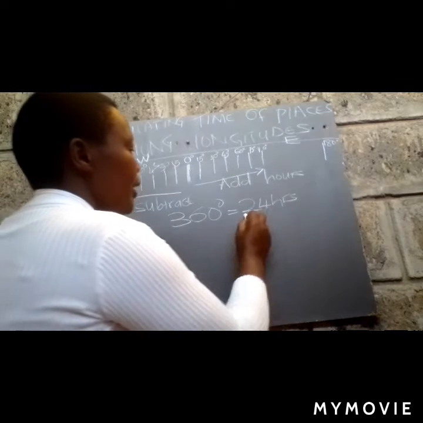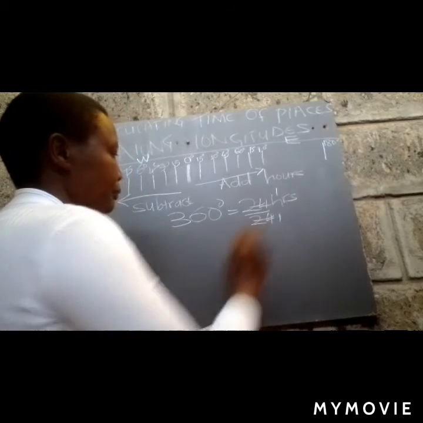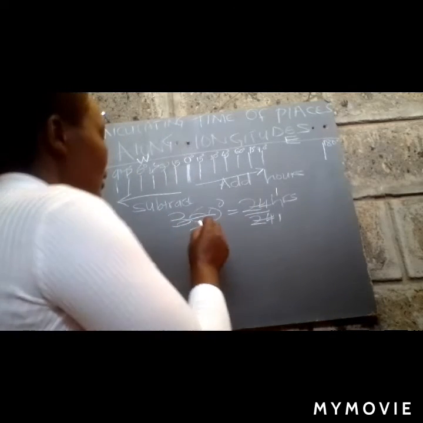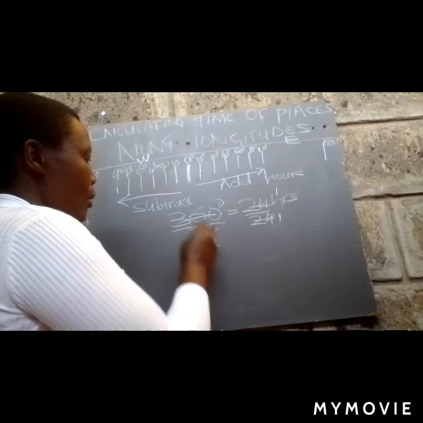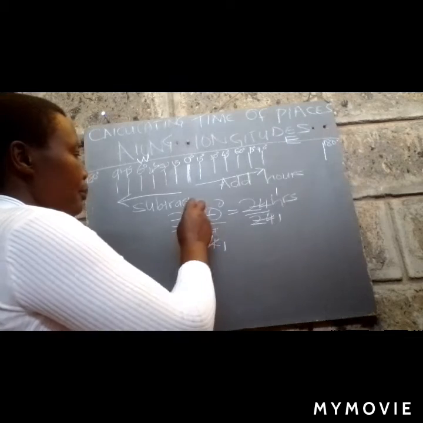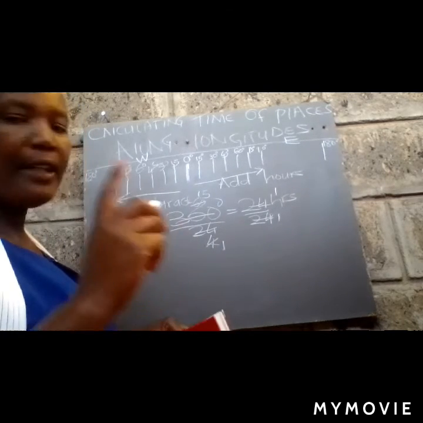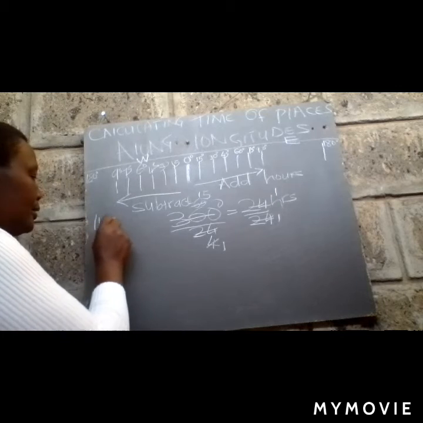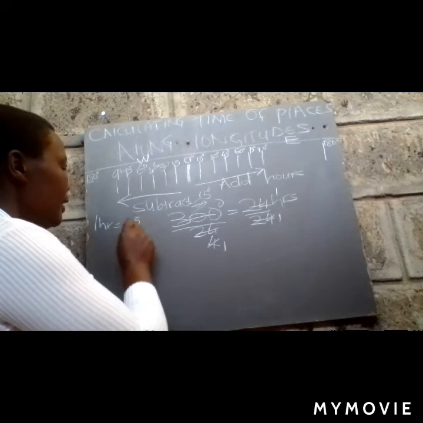What do we do? We divide by 24. 360 divided by 24 gives 15. So in every hour, the earth rotates 15 degrees.